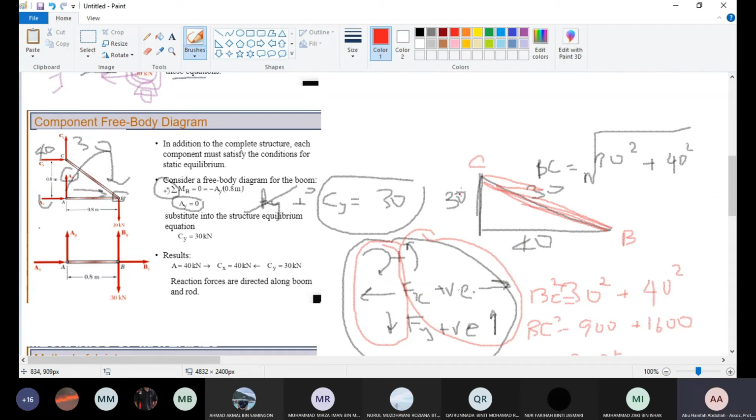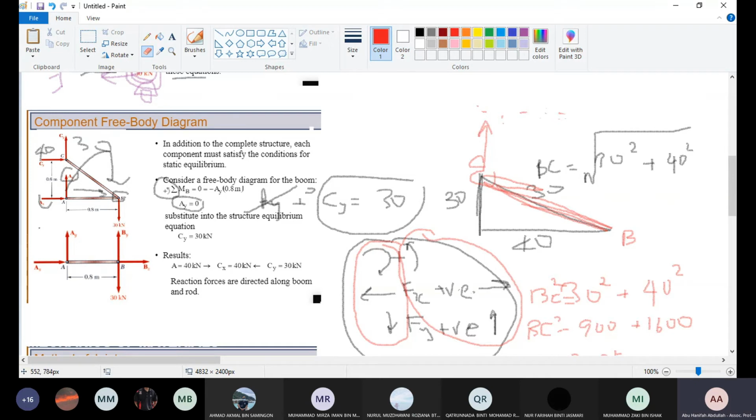Okay, 30, because 30 here is a CX. Okay, CX is 30 and CY is 40. Okay, sorry. This is wrong. What we have here, we have CX 40.